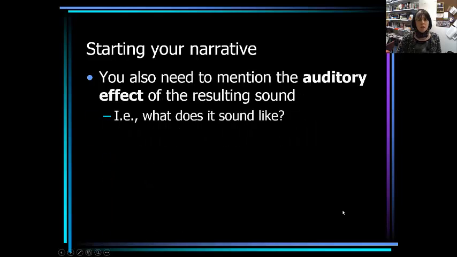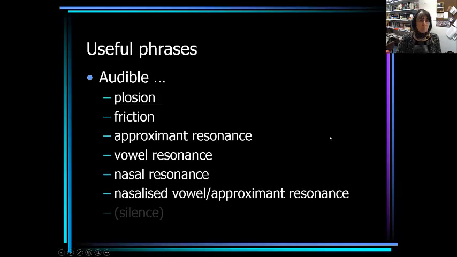You also need to talk about the auditory effect of the resulting sound. What does it sound like? Useful phrases are audible plosion, audible friction, audible approximant resonance, audible vowel resonance, audible nasal resonance, audible nasalized vowel or nasalized approximant resonance as appropriate.